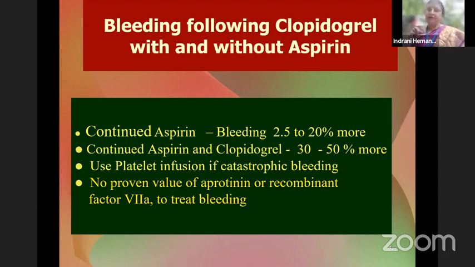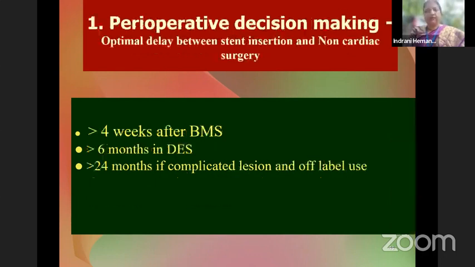So what about bleeding? If the patient is only on aspirin, the bleeding will be about 2.5 to 20 times more than normal. If the patient is continued on aspirin and clopidogrel, it will be up to 30 to 50% more. Remember, you touch a platelet infusion only if there is catastrophic bleeding and you're not able to manage it, and there is no proven value of aprotinin or recombinant factor 7A to treat bleeding, and they should not be used.